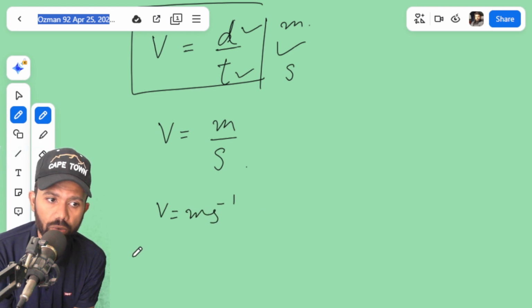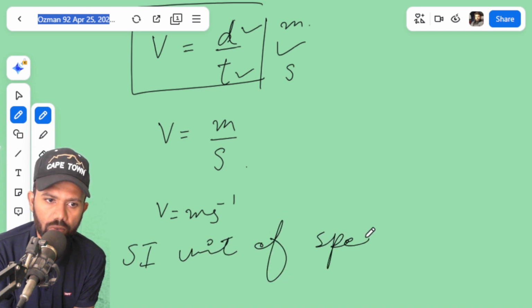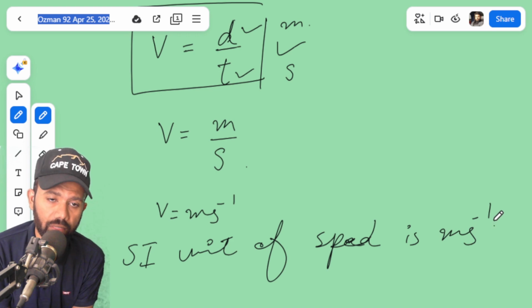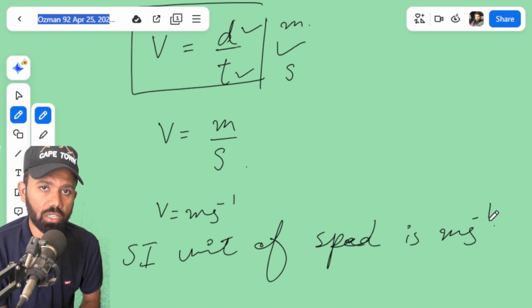So the SI unit of speed is meter per second, though we have other units to measure speed depending on the occasions and circumstances.